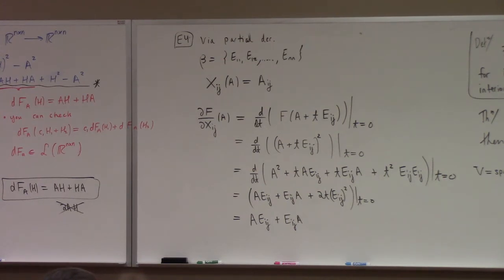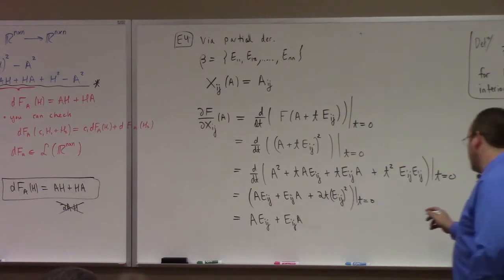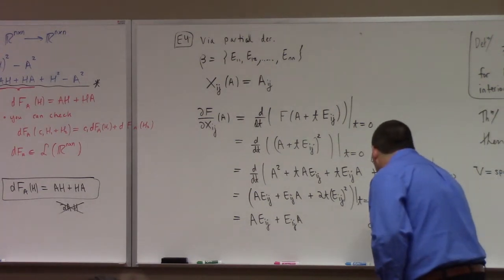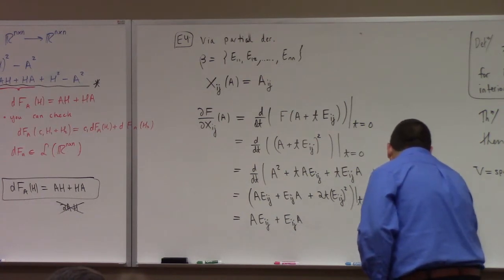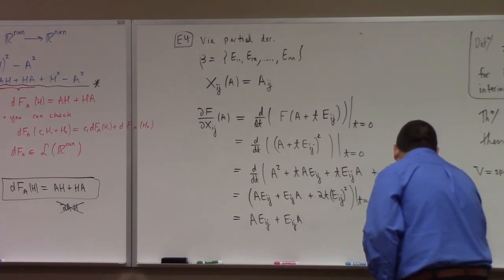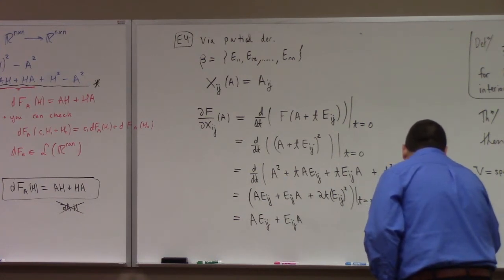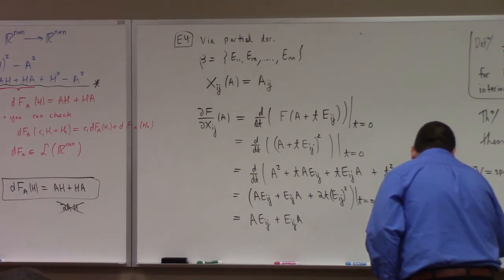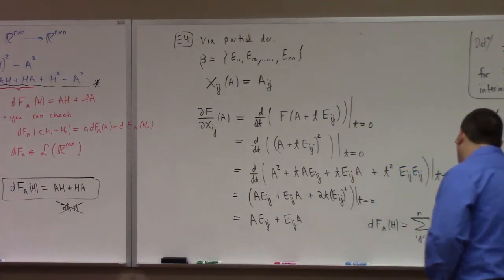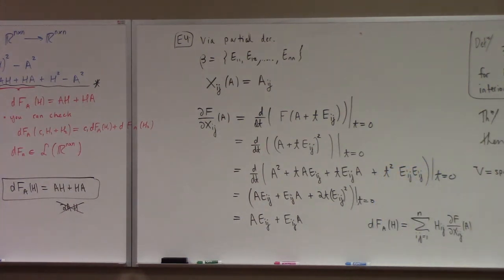Now we can build the differential from these partial derivatives. df at A of h is equal to the sum, i, j equals 1 to n, of hij times partial f partial xij at A, where hij are the components of h.